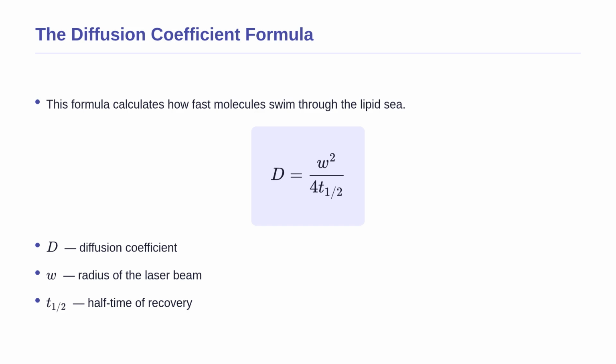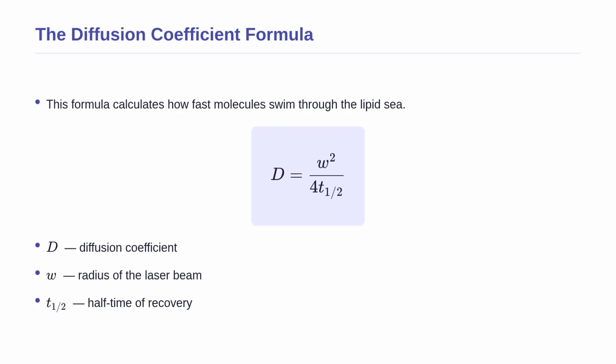The variable W represents the radius of the laser beam used to bleach the spot, measured in micrometers. The variable T sub 1/2 represents the half time of recovery, which is the time in seconds it takes for the bleached spot to recover half of its original brightness.